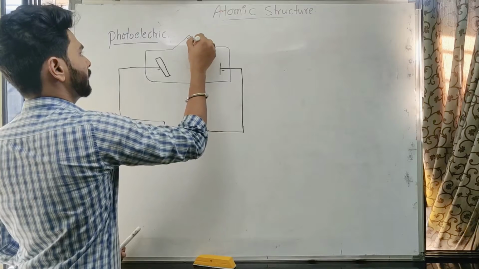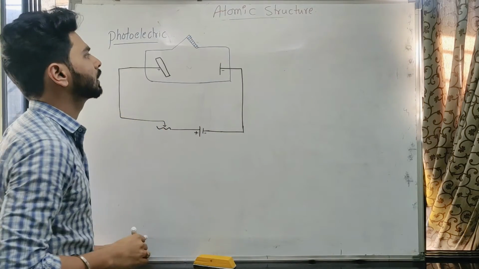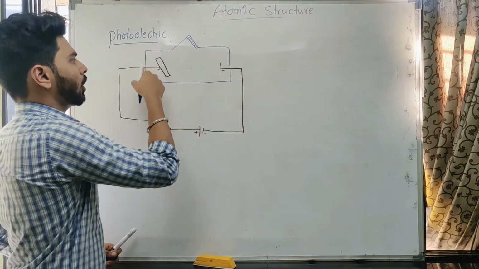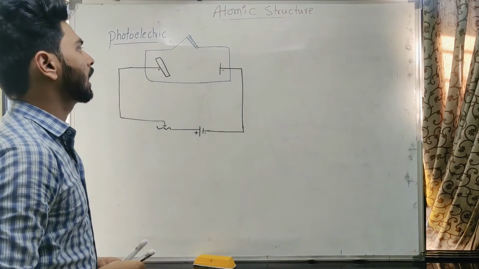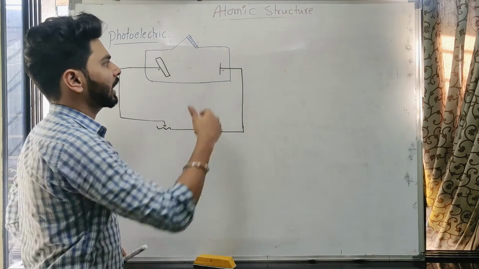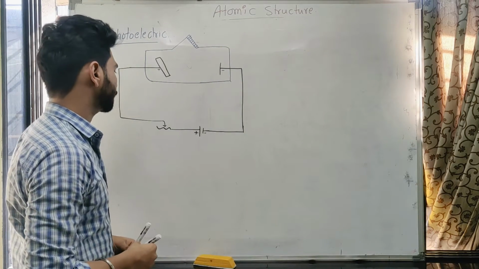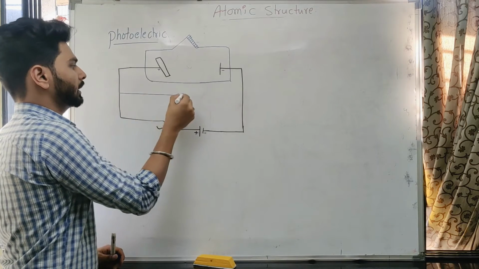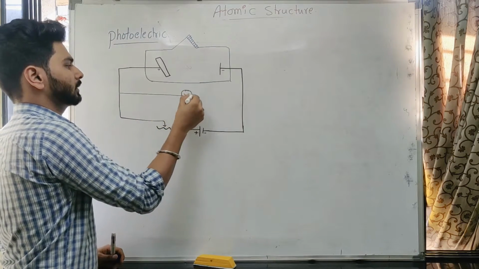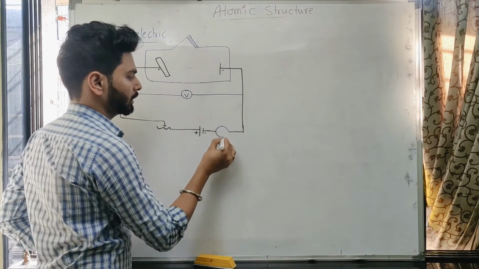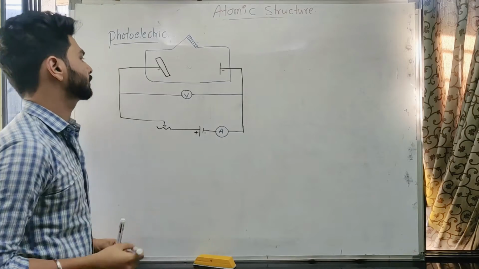This area was kept transparent for light to pass through, and the rest of the areas are made in such a way that light cannot enter. A voltmeter will be connected in this fashion, or we can put an ammeter to check the current.